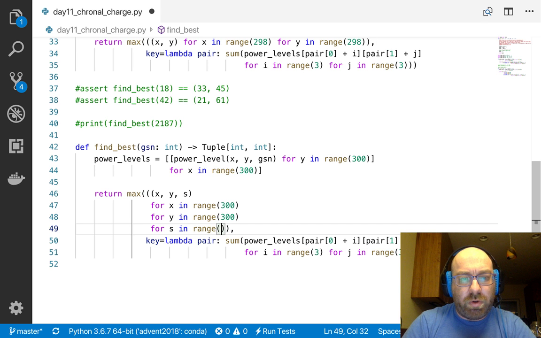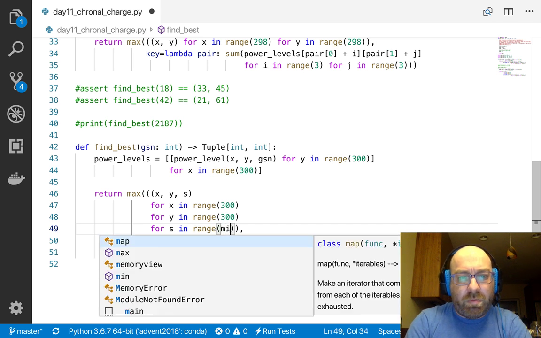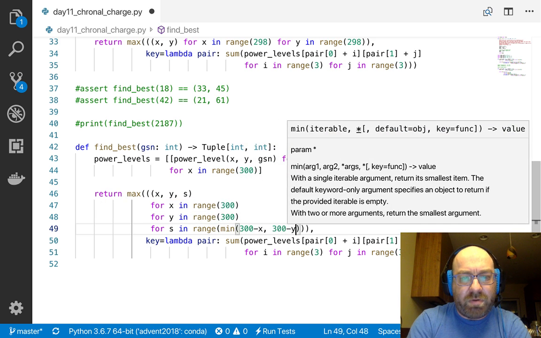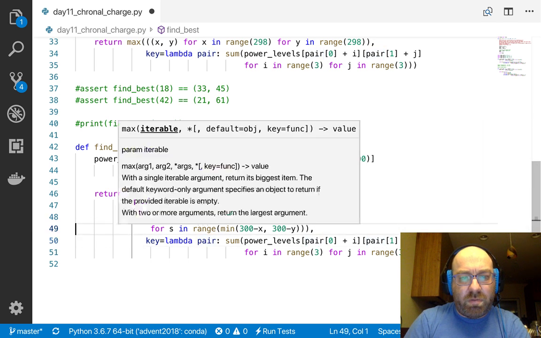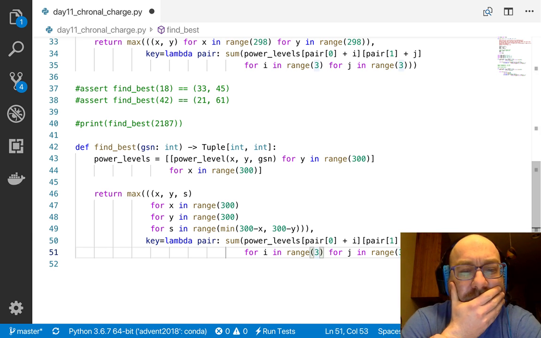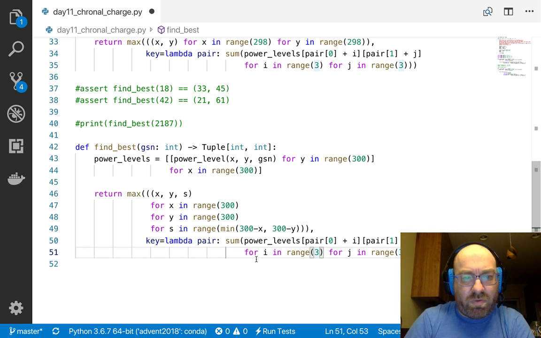And so what can I do? I can do the smaller of 300 minus x and 300 minus y, right? And that is not going to work because suddenly, actually that will work.